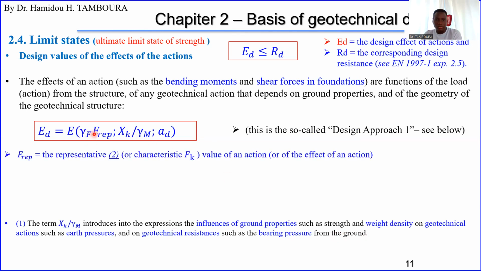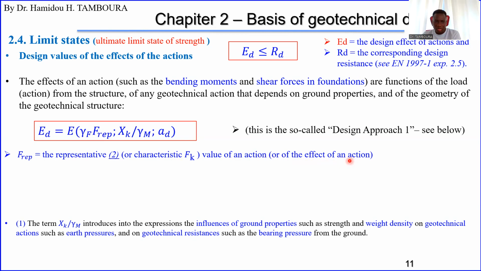But anyway, this one, the F, means representative or characteristic value of action or the effect of action.